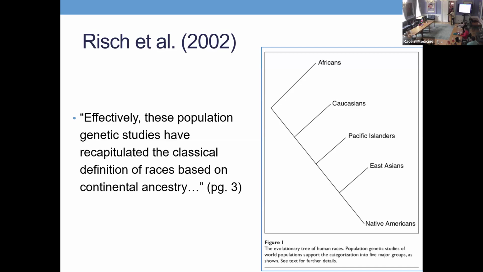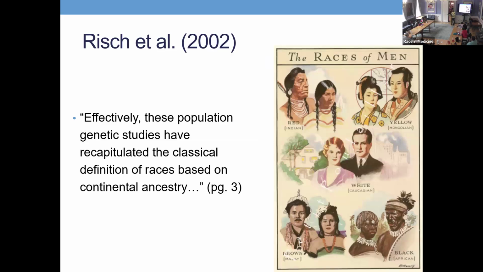And the definitions for those who are further back: Africans, Caucasians, Pacific Islanders, East Asians, and Native Americans. And so one thing that tips me off from my background in sociology is that we have things like classical definition of races, like classical anthropology from like 1950s shows up in my mind, and my alarm bells go off in a major way. But this is 2002.